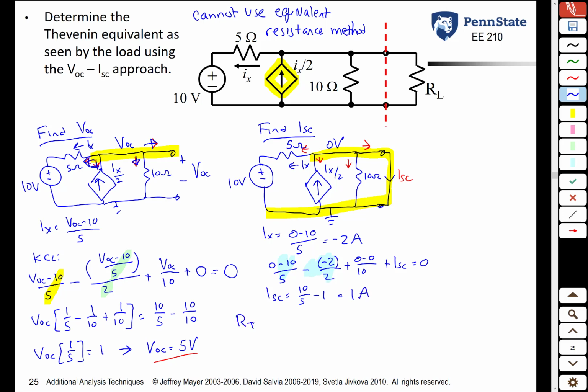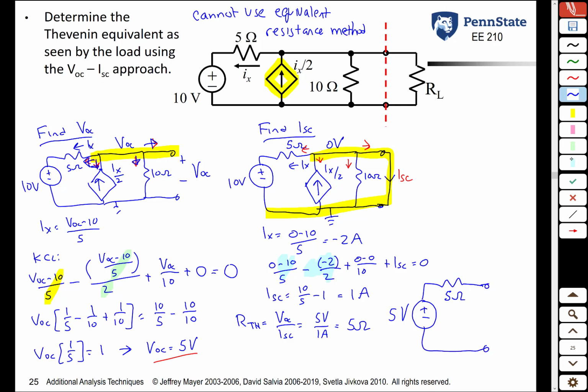Our Thevenin resistance then, using this VOC-ISC method, is VOC over ISC, 5 volts over 1 amp, or 5 ohms. So the Thevenin equivalent model for this circuit is a 5 volt source and a series 5 ohm resistor.